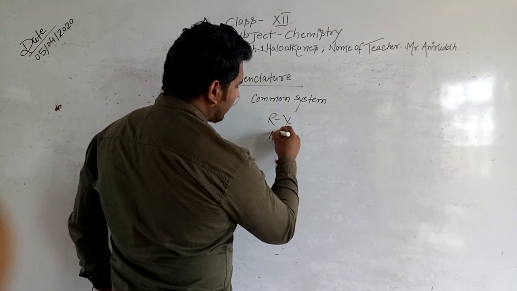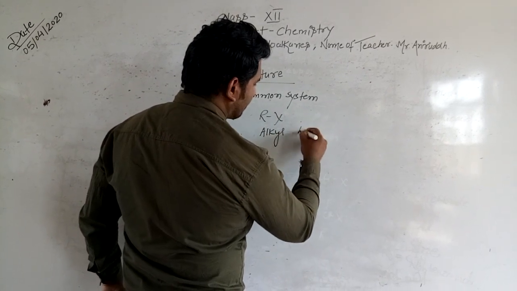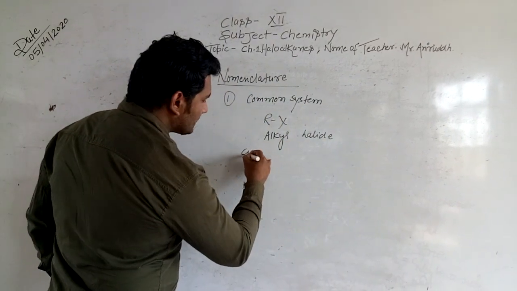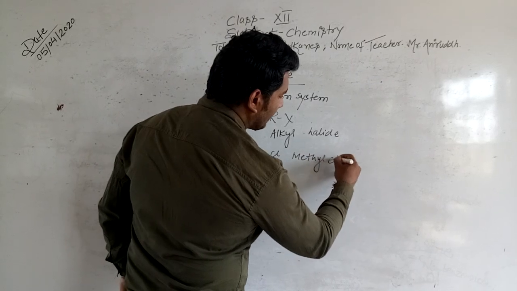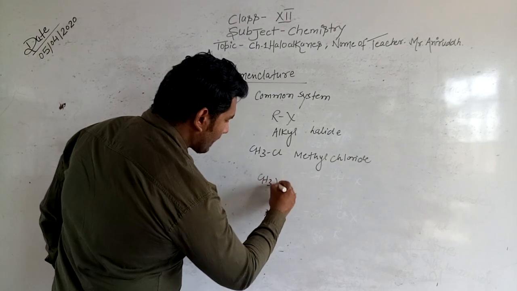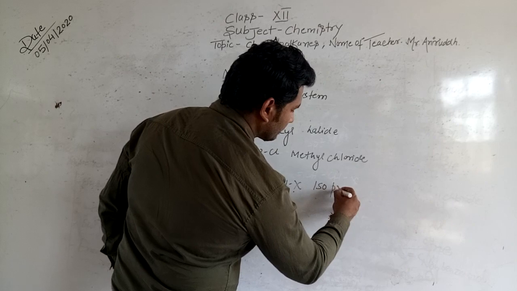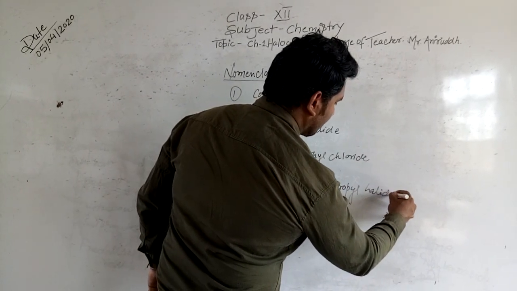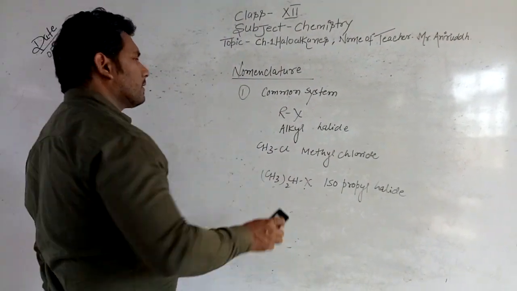R stands for alkyl and X stands for halide, so the name of the compound is alkyl halide. Suppose CH3Cl is given. CH3 stands for methyl and Cl for chloride. What about this one? Propyl halide. So the common system is not most important.